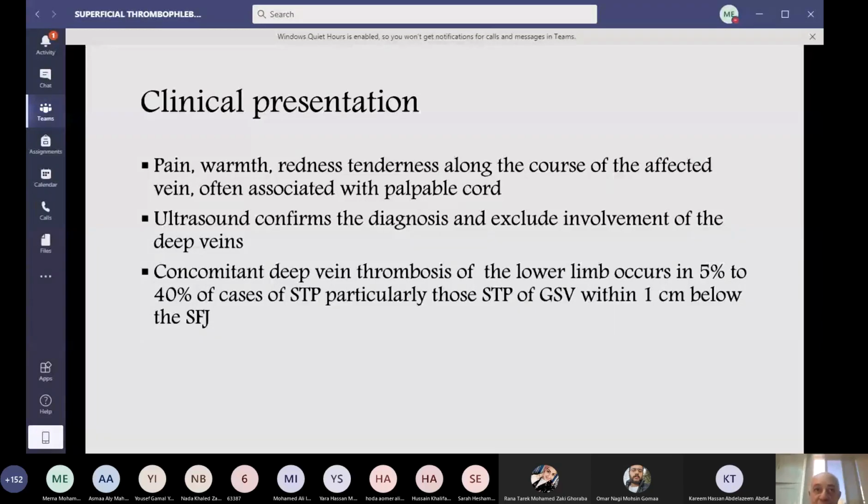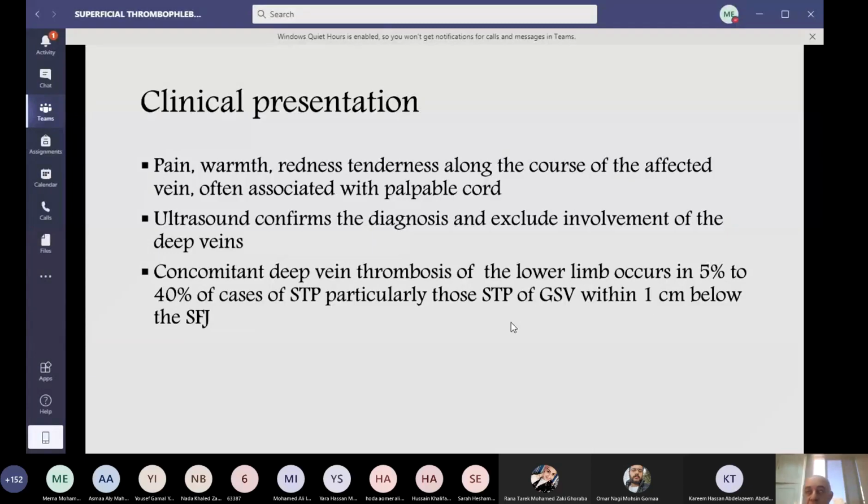If you see 100 patients with superficial thrombophlebitis in the lower limb, 5 to 40 of them have DVT at the same time. Therefore, we should offer this patient duplex ultrasound. This is of particular attention.